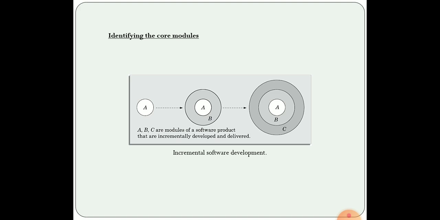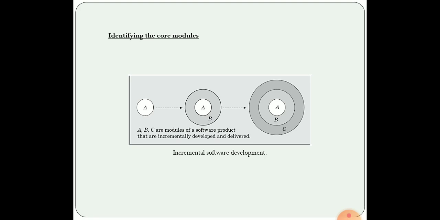The initial product skeleton is refined into increasing levels of capability by adding new functionalities in successive versions. After developing the core modules, additional functionalities needed for the software are incrementally added to that basic skeleton.